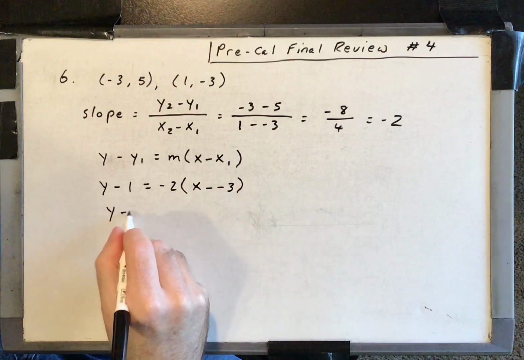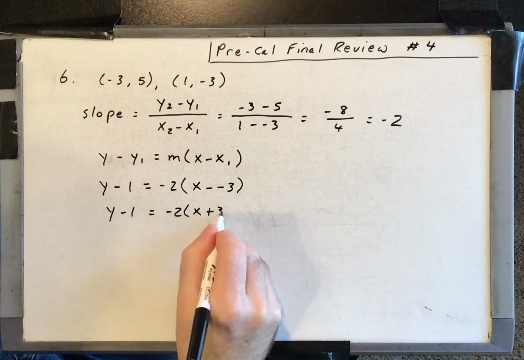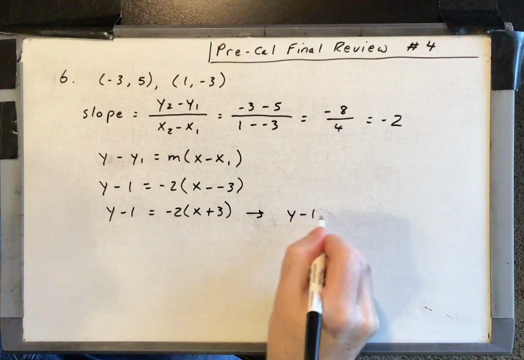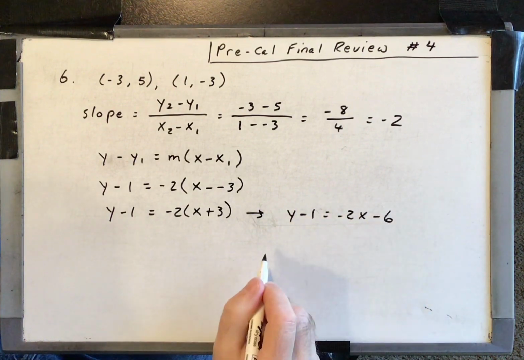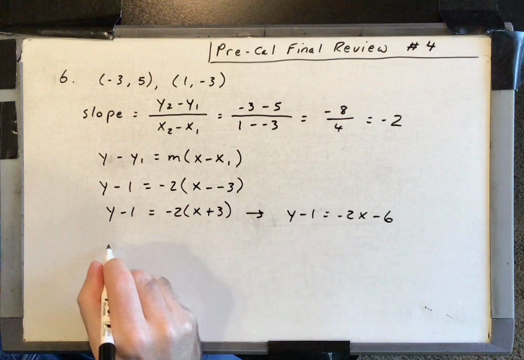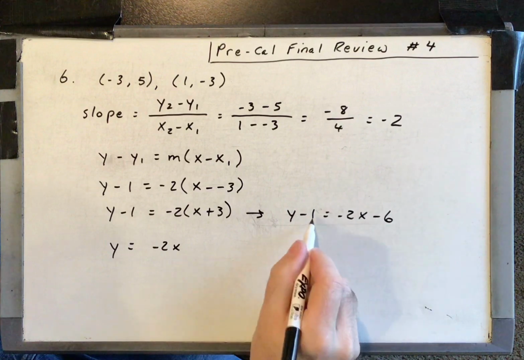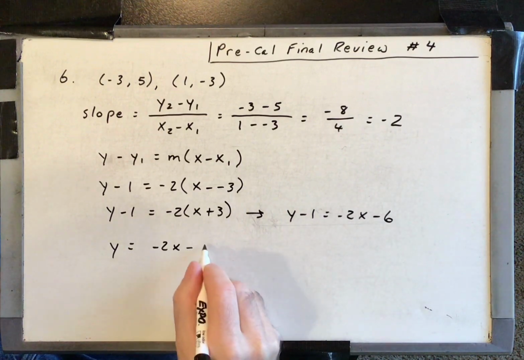So we'd have y minus 1 is equal to negative 2 times x plus 3. Y minus 1 is equal to negative 2x minus 6. Let's solve for y. Y is equal to negative 2x, and then if we add 1 to both sides, minus 5.